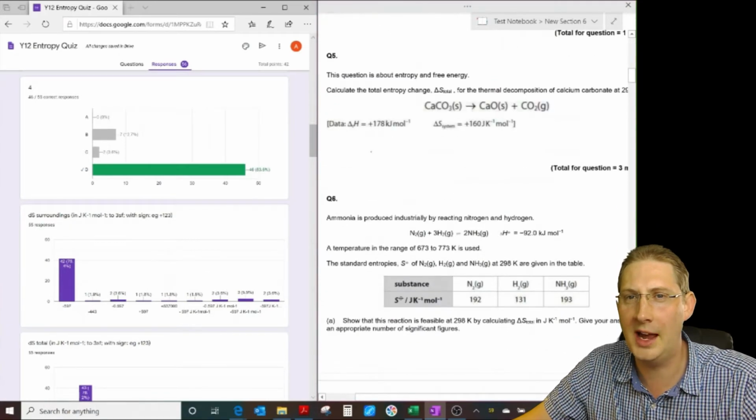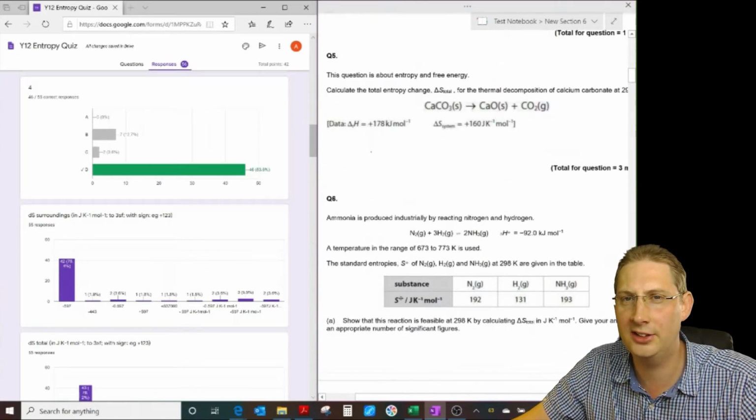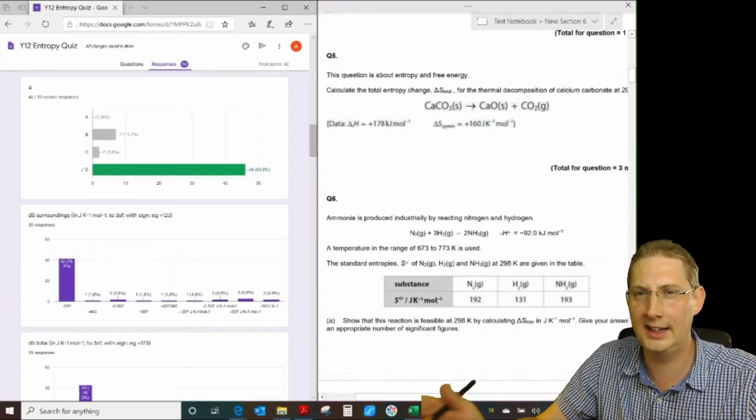Question 5 about entropy and free energy. Calculate the total entropy change for the thermal decomposition of calcium carbonate at 298 Kelvin.